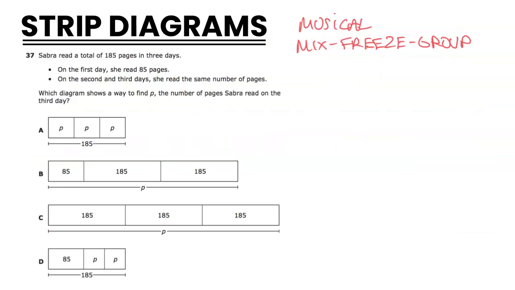As we look at the next released item, we'll introduce another lead forward strategy called Musical Mix Freeze Group. This makes things fun and engaging for students because you'll be playing music while students mix around the room. You stop the music and say freeze, and then say group, and students get a partner or a group of three that are close to them.